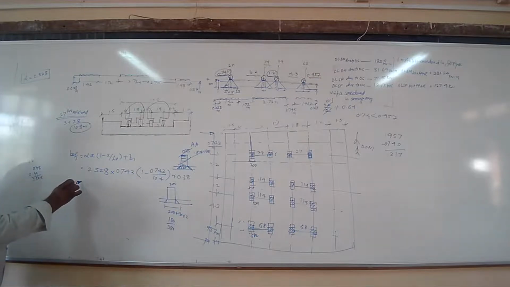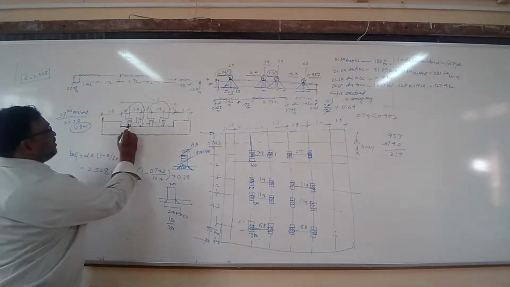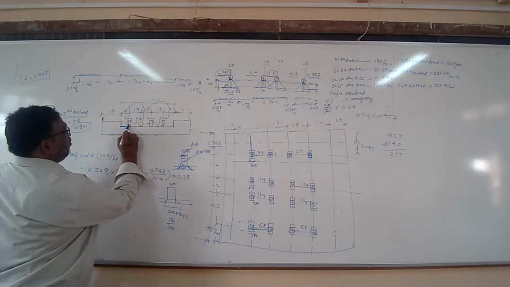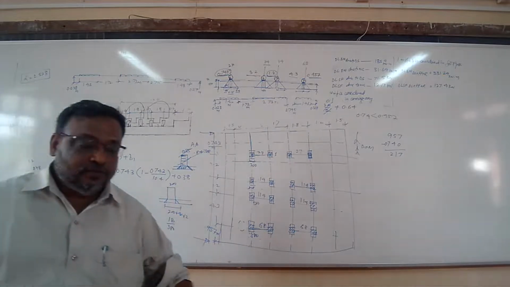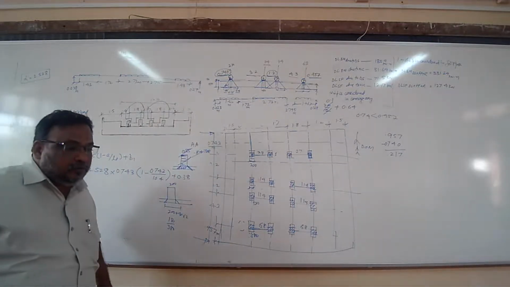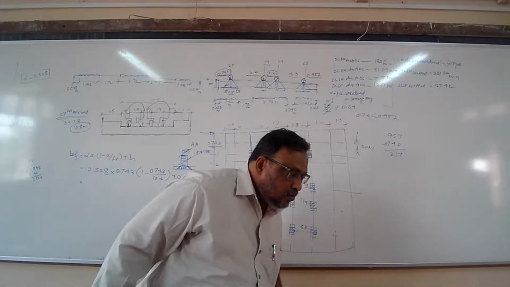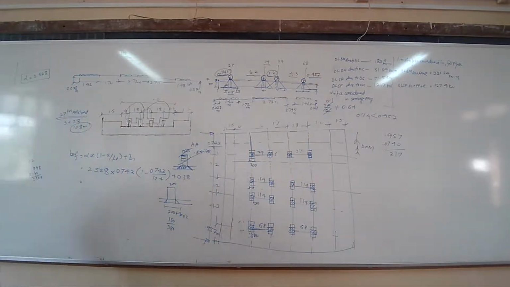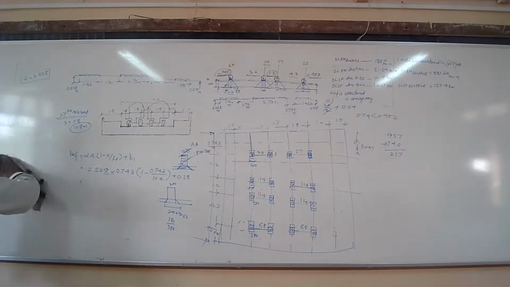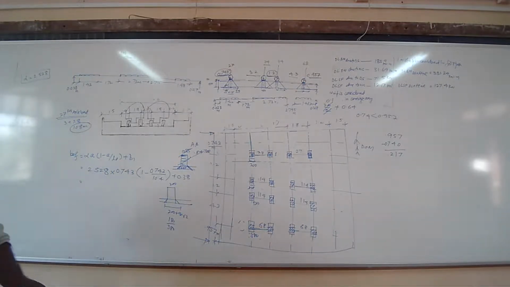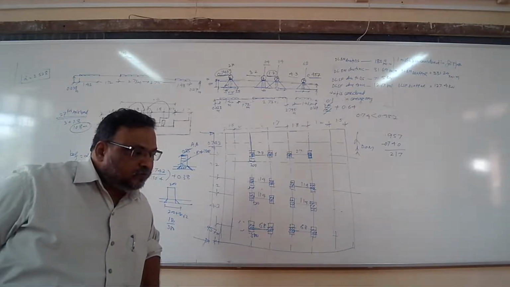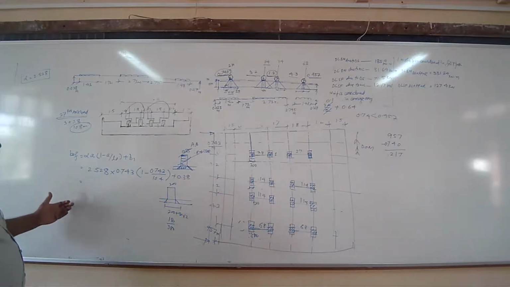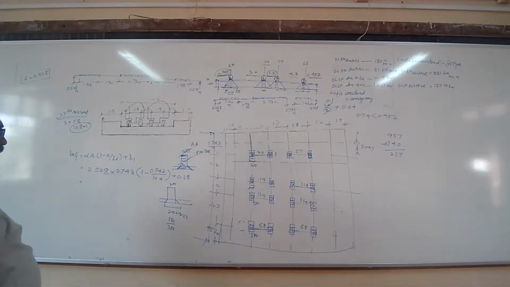So please tell me the effective width up to which the dispersion effect of this one concentrated load will be. कहाँ तक जाएगा इसका dispersion? What is the value of B effective? What is the value of effective width up to which the dispersion effect of this load will be?